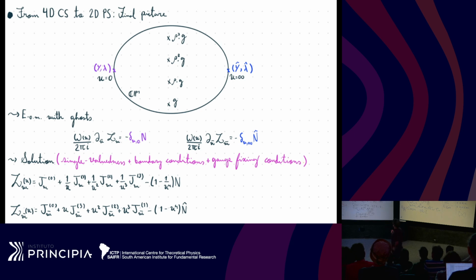And what is left to do now is to look for the solution of these equations of motion, of course, consistent with the single-valuedness constraint, the boundary conditions, and the gauge fixing conditions that I have imposed. So these two equations of motion imply that L_w needs to have a fourth order pole proportional to n, and L_w bar needs to have a fourth order pole proportional to n hat at u equals infinity.